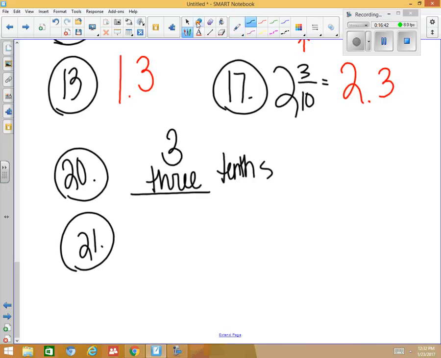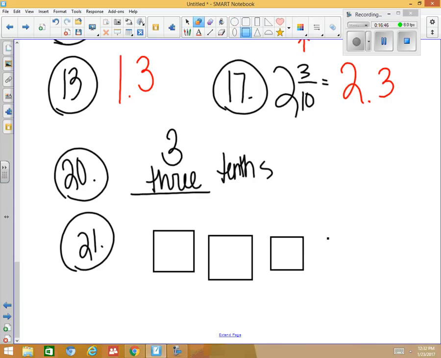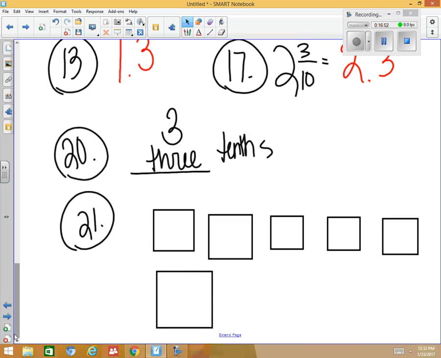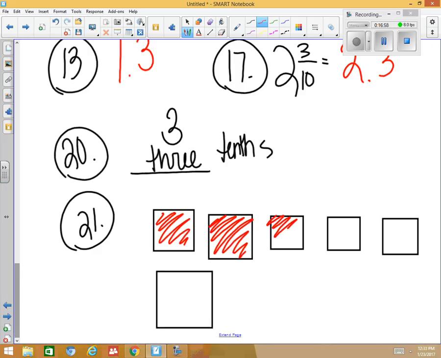Give me a second. 1, quit, Caleb. 2, 3, 4, 5. Okay, so I have 5 whole circles. I hope you're following along. And then this one is 7 tenths.